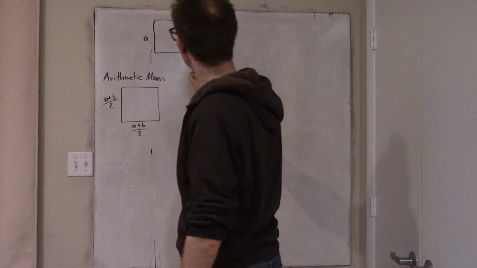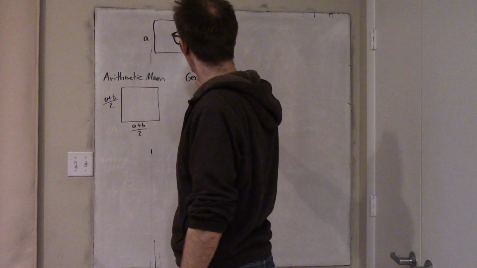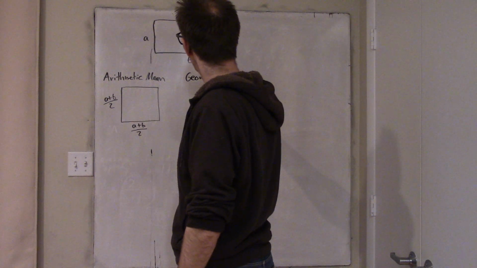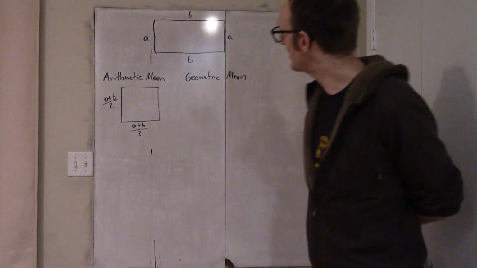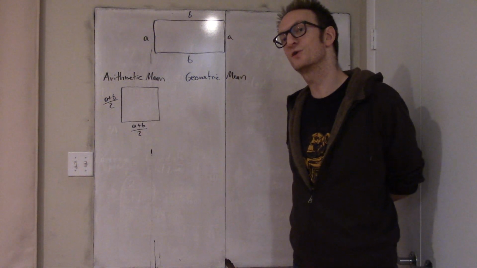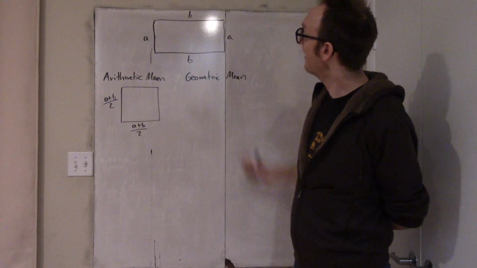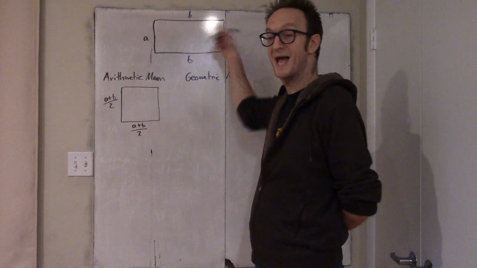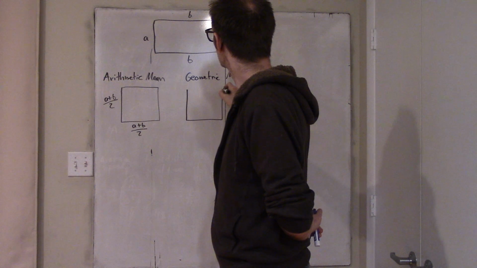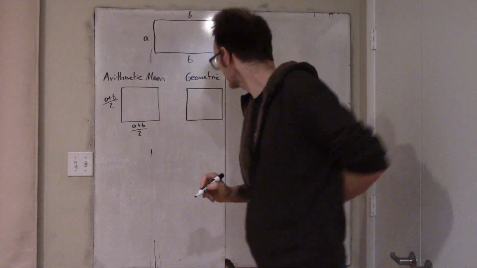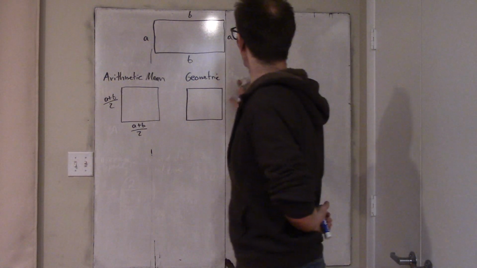Okay, continuing this discussion, what is the geometric mean? What can we say about it? Well, the geometric mean conserves area. So the area of this rectangle is, of course, a times b. What can I say about a square with the same area as this one?